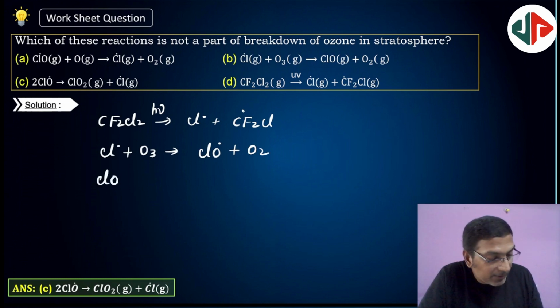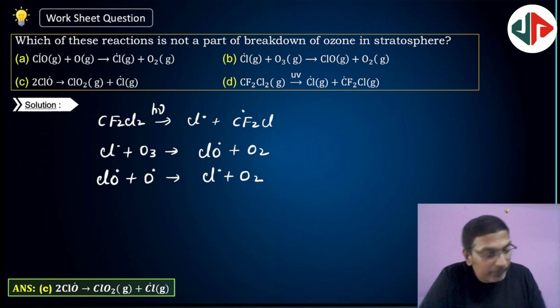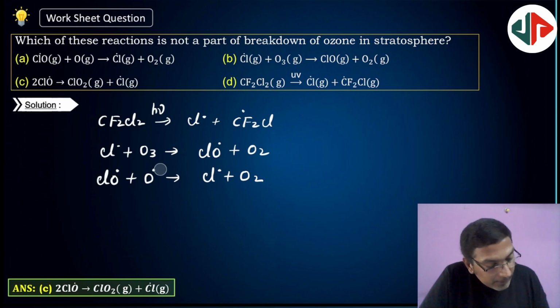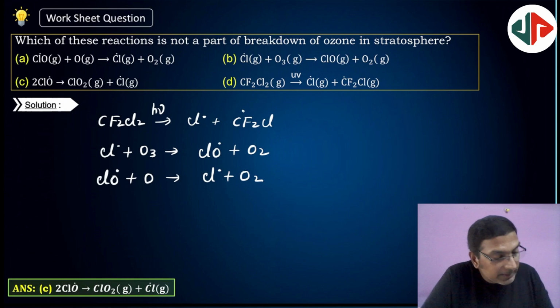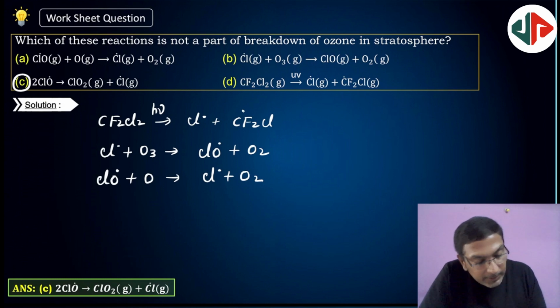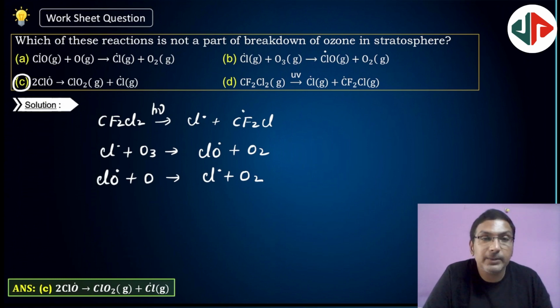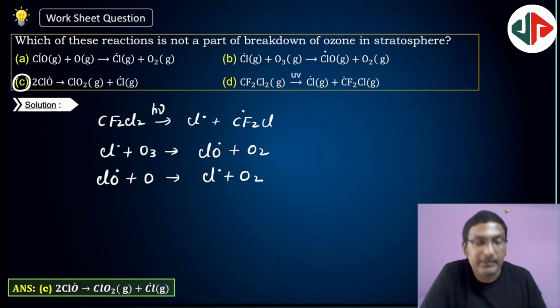Next, ClO radical combines with O to form Cl radical plus O2. So which is not involved? Not involved means C option. Here a dot should be there. C option not involved. Next.